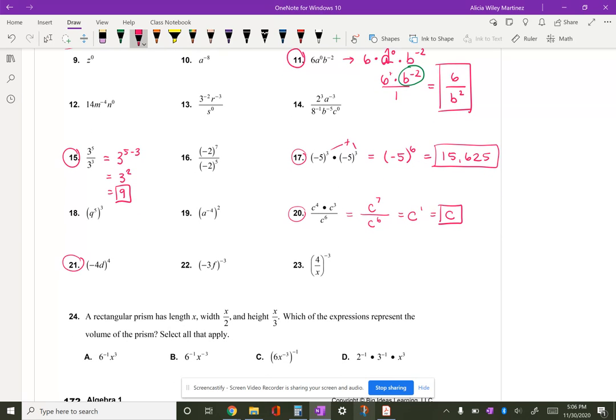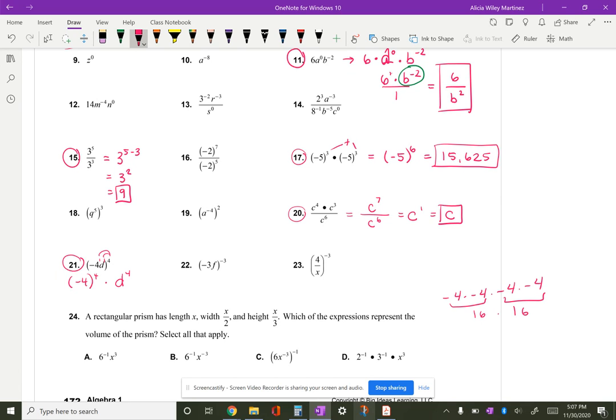Number 21. You have a product to a power. When you have a product to a power, we need to remember that every exponent on the inside needs to get multiplied to the exponent on the outside. So you end up with -4 to the 4th power times d to the 4th power. -4 to the 4th power is just -4 times -4 times -4 times -4, which essentially is just 16 times 16.